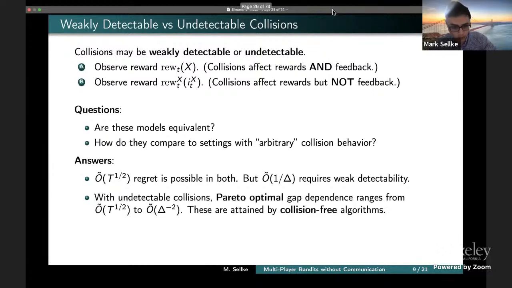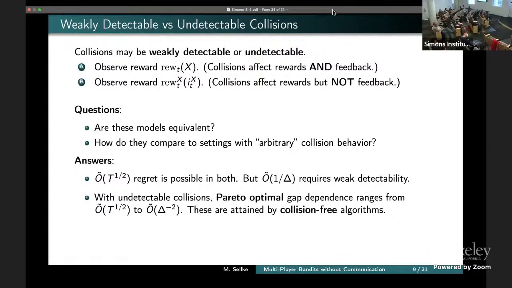But if collisions are totally undetectable, they don't affect your feedback at all, then the gap dependence behavior gets a lot more complicated. And there's a whole range of Pareto optima gap dependence curves ranging between square root T and 1 over the gap squared.